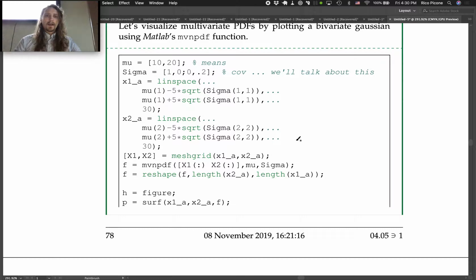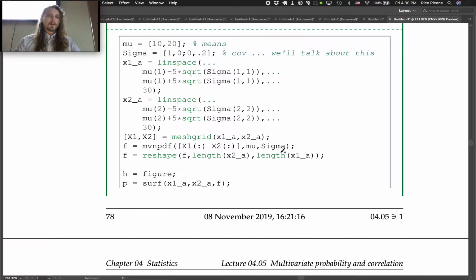And then we generate vectors using linspace, which are essentially going to be plugged into the mvnpdf function to generate values over. So these are giving us the vectors over which we want to define our function to plot.